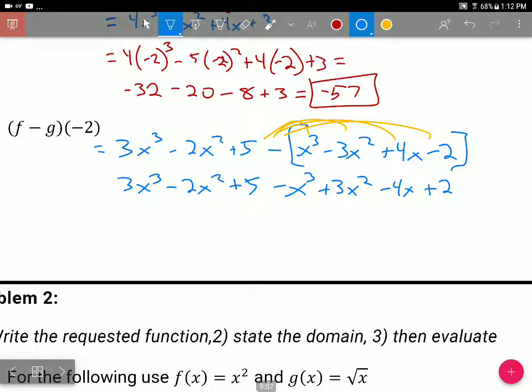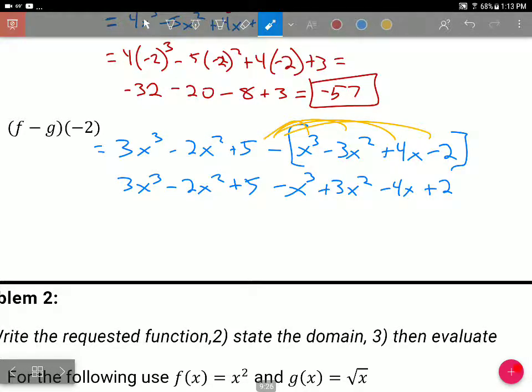You don't change the first ones, you change the second ones. And honestly, on your homework or even on your test, I really don't care if you just go ahead and switch all the signs right here on the right. Just write that this is going to be a negative, that's going to be a positive, that's going to be a negative, that's going to be a positive. I'll know what you did. It makes sense.